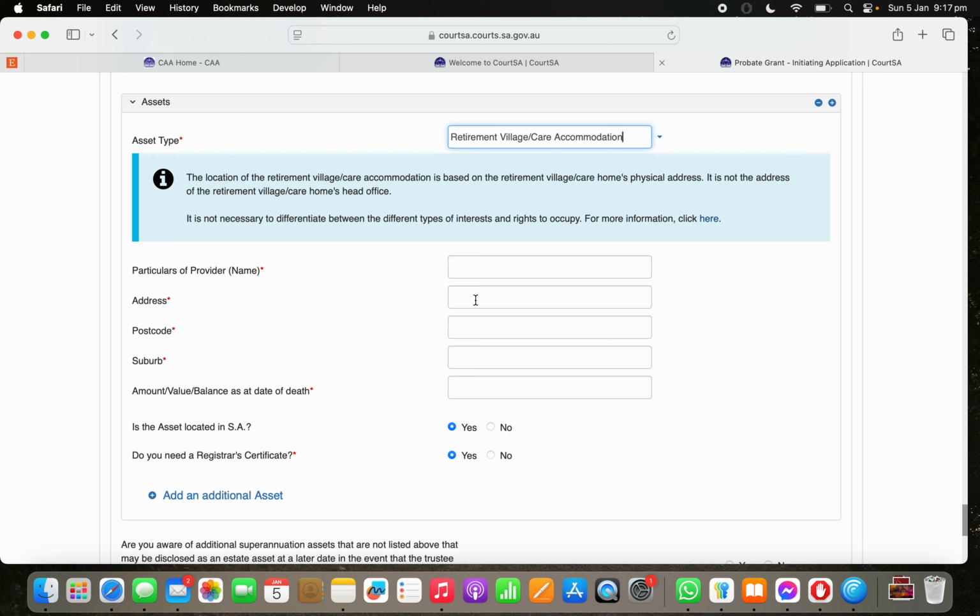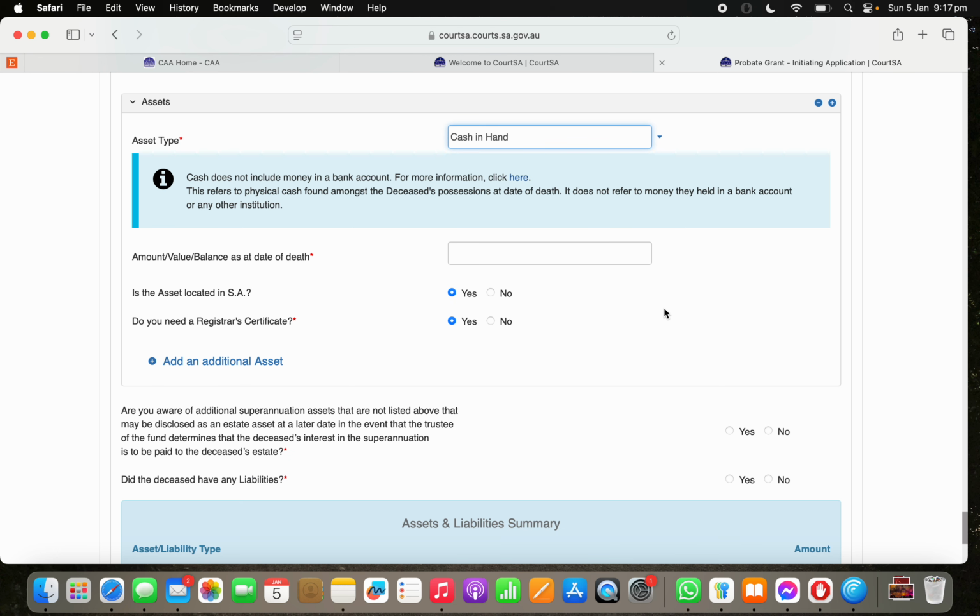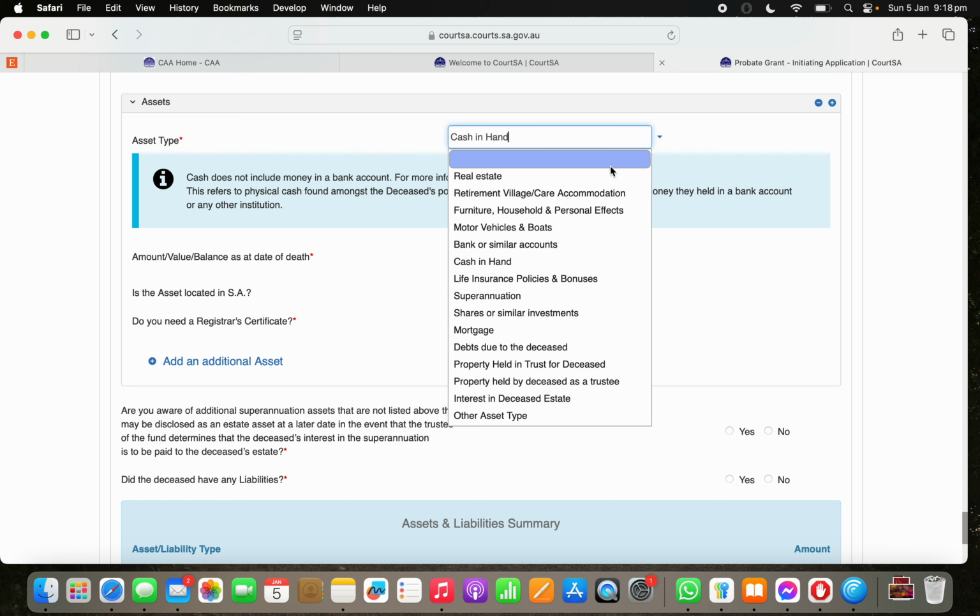It's the location of the nursing home itself that the deceased was living in prior to their death. Cash in hand. That one is literally cash in hand. It's not cash held anywhere else. It is cash held on the person, in their wallet, under the bed. That is where you would enter that amount.